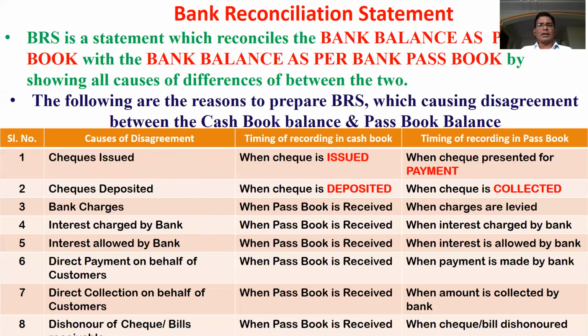But the banker records the check issued only when the check is presented for payment by the check taker, that is, the creditor or the supplier. So the timing of recording is different. Whenever we issue a check, we record it in our cash book bank column, but the banker doesn't record the same until the person who took the check presents it.